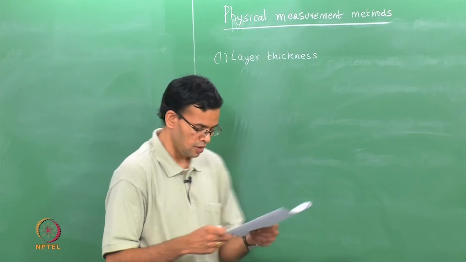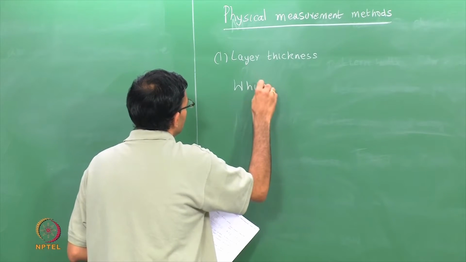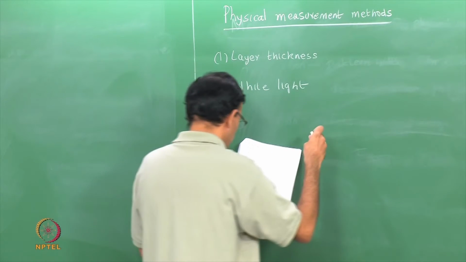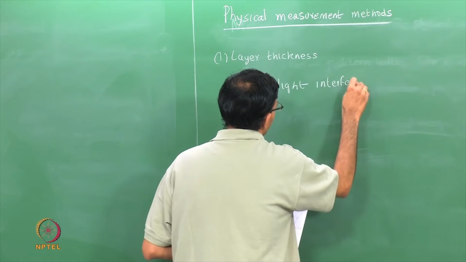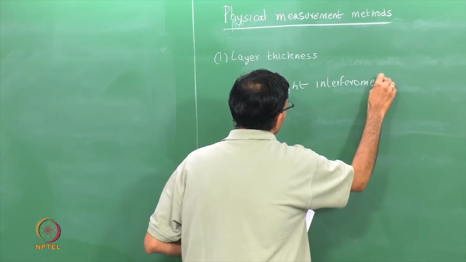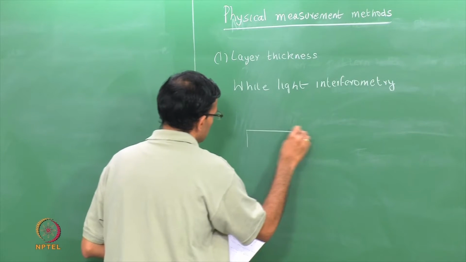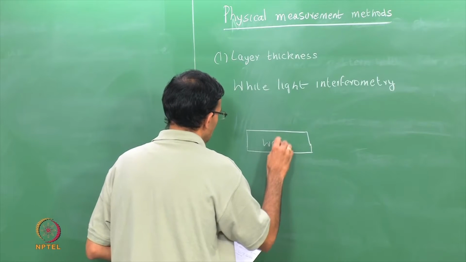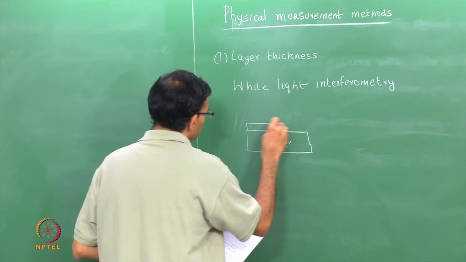the film. This idea is essentially called white light interferometry. So, consider a wafer with a thin film on top.